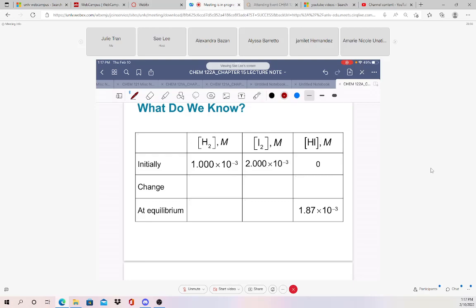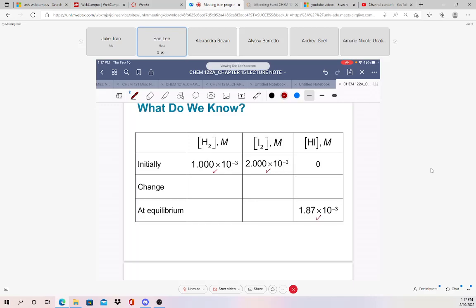Okay. So let's set up a table and write down all the information that we were already provided. We are provided with the initial concentration of hydrogen, the initial concentration of iodine, and then the equilibrium concentration of the product.